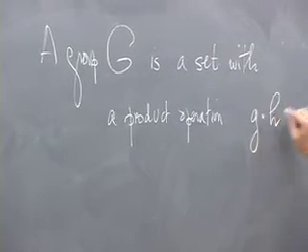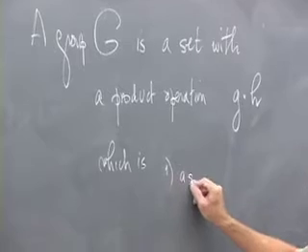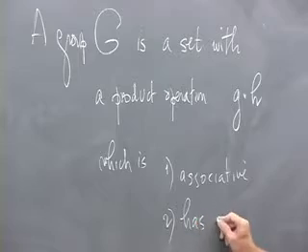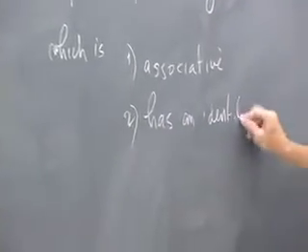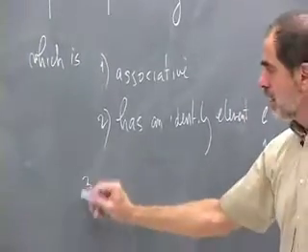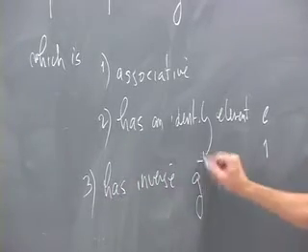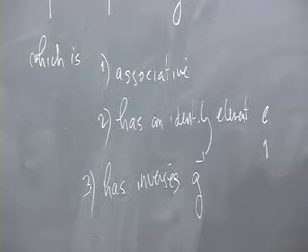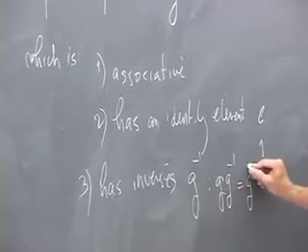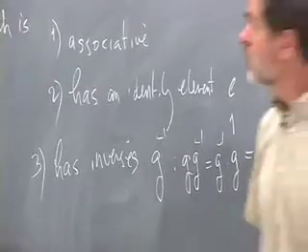So G times H, which is 1, associative, 2, has an identity element, which is sometimes denoted E or sometimes denoted 1, 3, has inverses, namely every element in the group. There's another element called G inverse, whose product with G is the identity element. And that's it. Those are the properties of a group.